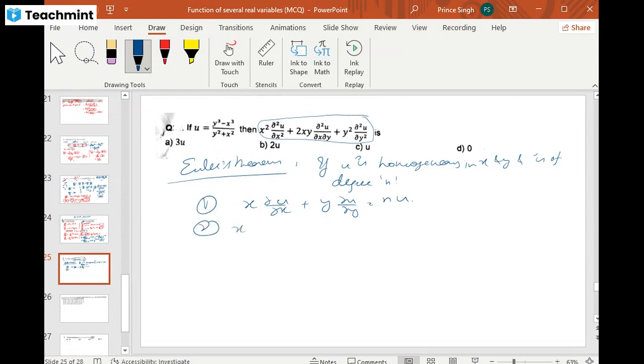And the second: x square ∂²u/∂x² plus 2xy ∂²u/∂x∂y plus y square ∂²u/∂y² is equal to n times (n minus 1) into u.